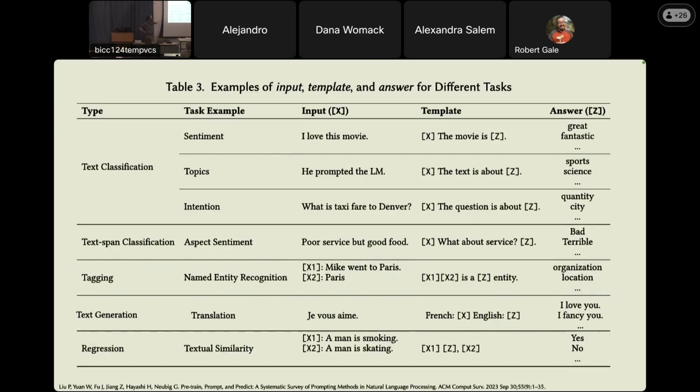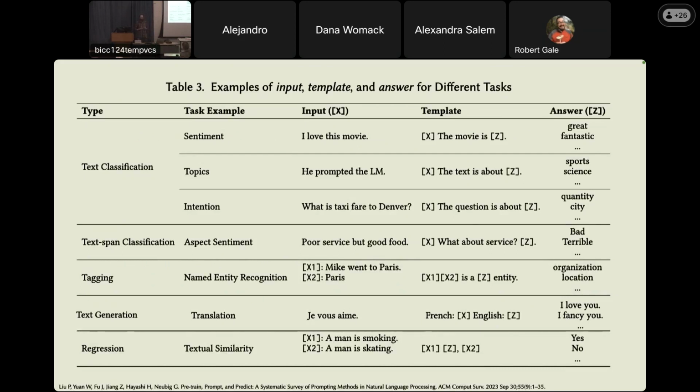So for example, that first one there is sentiment classification. If you know that it's about movies, you could set up a prompt where you take the movie review and then have a summative sentence, the movie is blank, and ask the system to generate what blank should be.